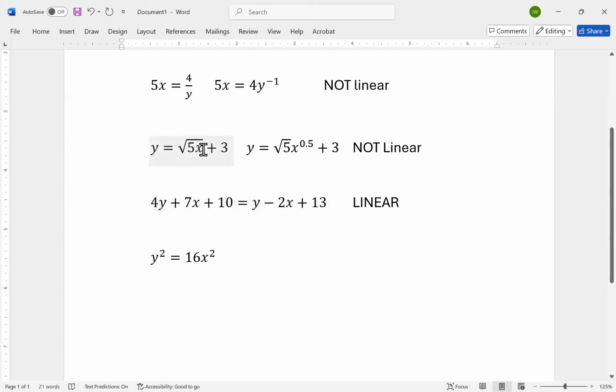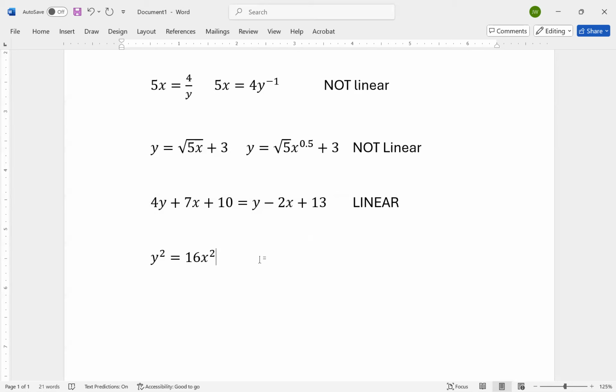They're all not under any square root or anything like that. So this is linear. And if we wanted to rewrite this like one of those other equations, we could subtract y from both sides. We could add 2x to both sides. So we could rewrite it in that case.